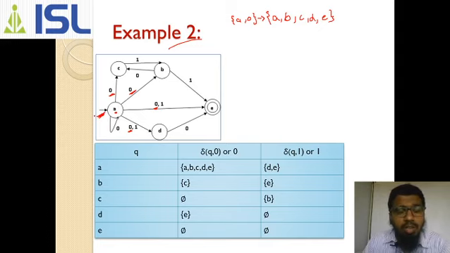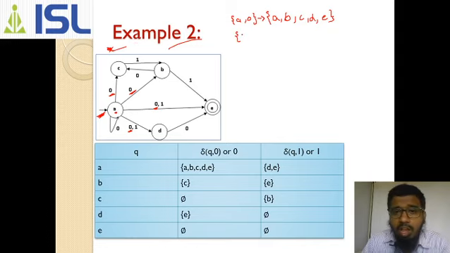Remember this. You may get the doubt of why I did not take B, C, D, E first. Why am I taking this A? Because this is the initial state. In the graph, if you do not define the initial state and the final state, then it will be difficult, and that is a wrong answer.